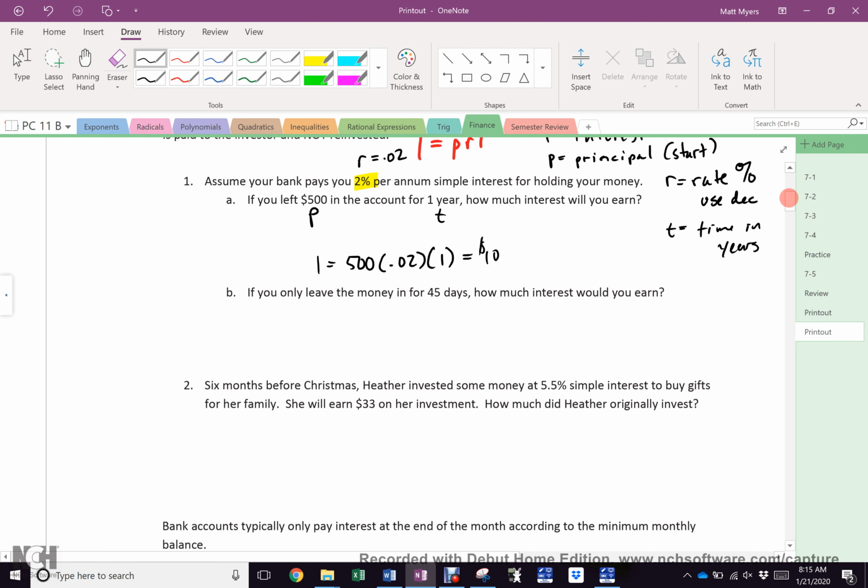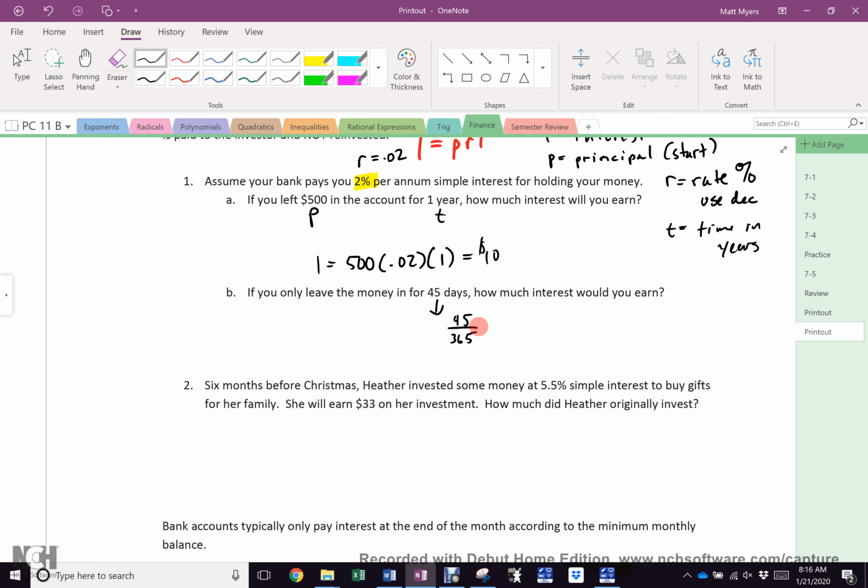What's different about B? It's only 45 days. So what changes? The T. This cannot be 45. This is 45 over what? 365. What if I did it for a month? What would it be? Like a month at a time. One a month?